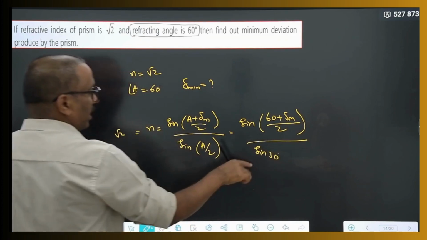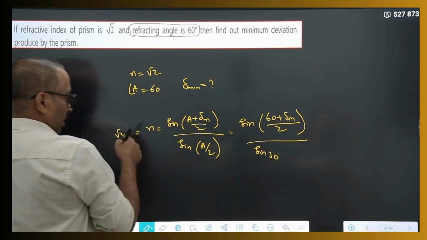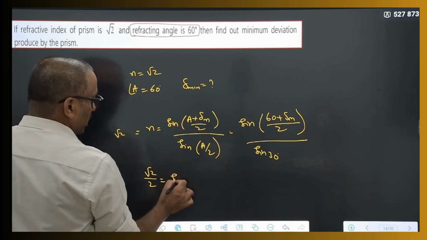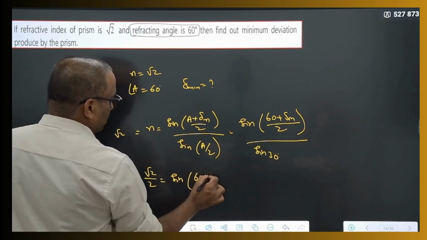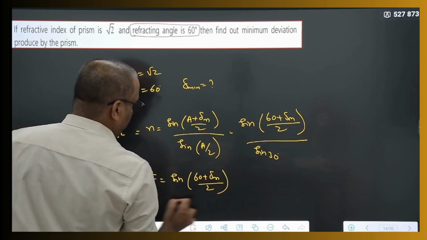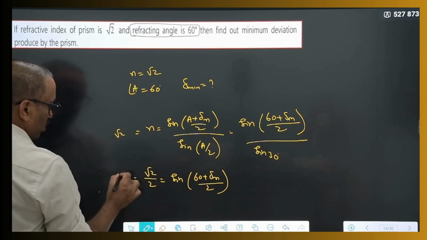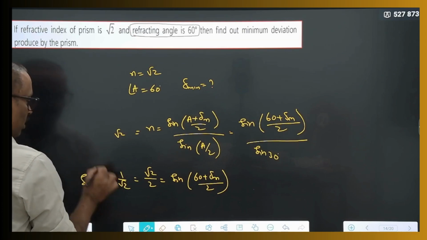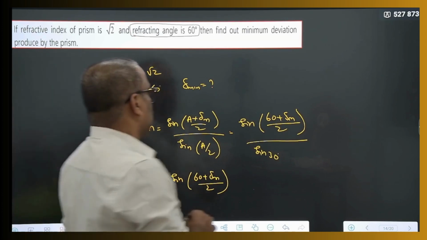Sine 30 is 1 by 2. So root 2 by 2, so sine of 60 plus delta M by 2 is 1 by root 2, which is nothing but sine 45. Clear? So what will you get now?